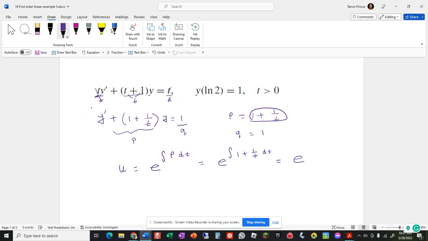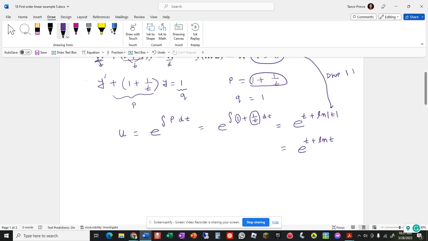So the integral of 1 is t plus the integral of 1 over t is ln t. I have to put the absolute value, that's important. But because t is bigger than 0, I can drop the absolute value. So I can just simply write e to the power t plus ln t.